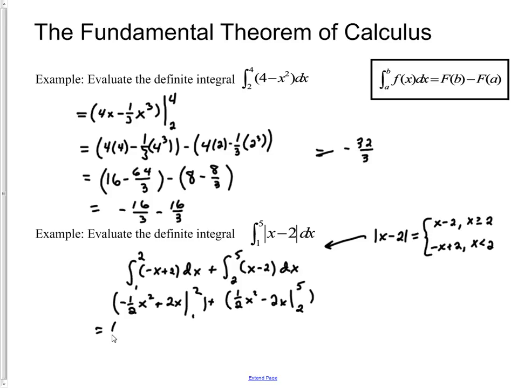All right, so let's work out some of the numbers right here. In the first case, it'll be negative 1/2 of 2 squared plus 2 times 2, minus negative 1/2 of 1 squared plus 2 times 1.